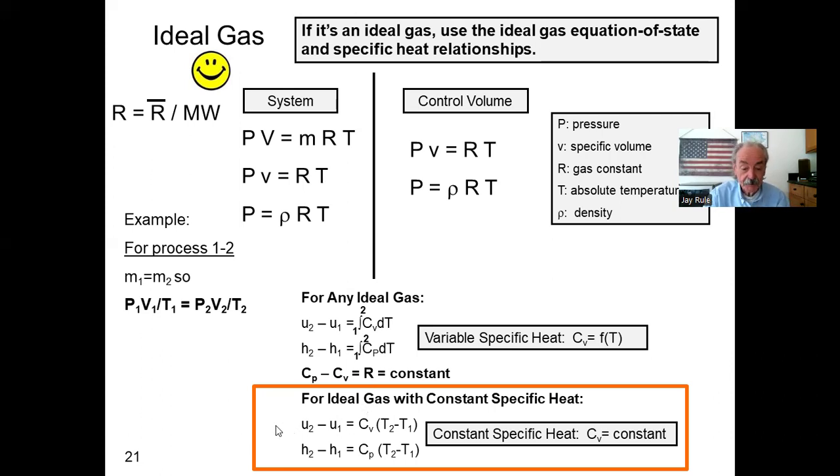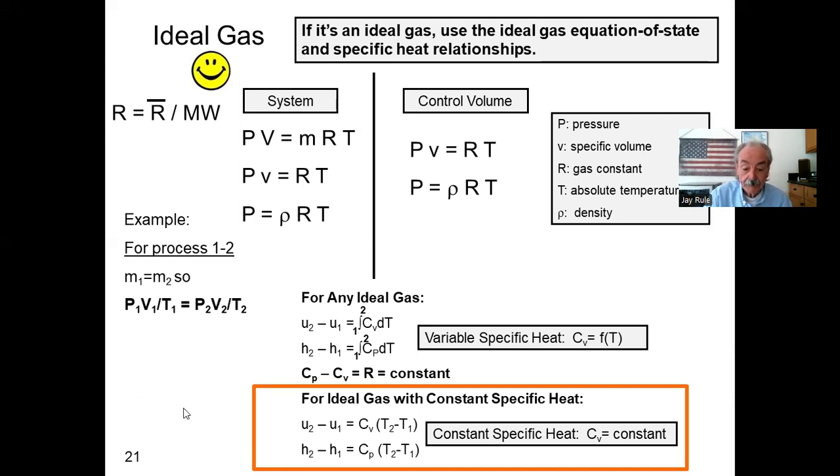Your undergraduate students, well, you're praying for constant specific heat, I hope. And so it becomes easy to calculate U2 minus U1 is Cv times delta T, and delta H is Cp times delta T. Ideal gas, constant specific heat.